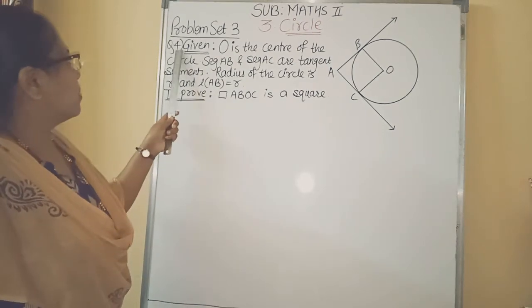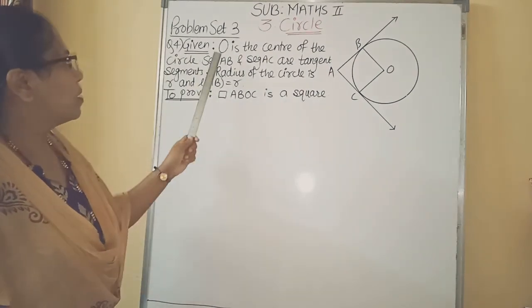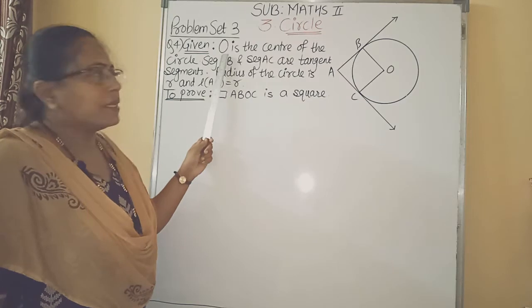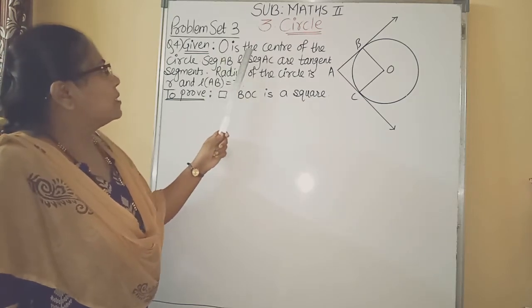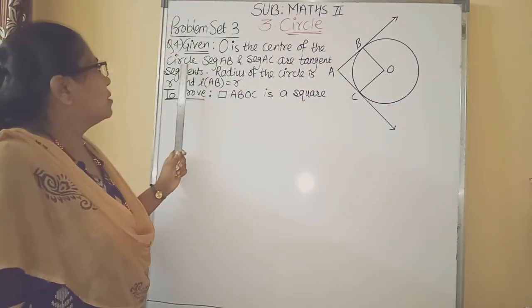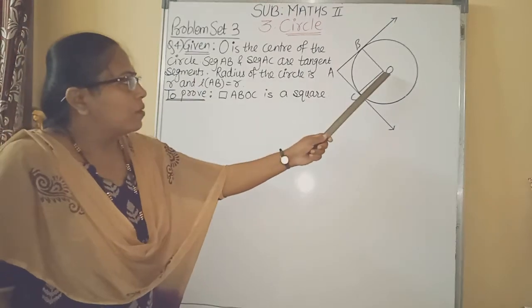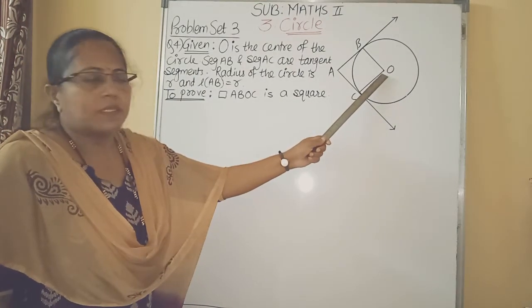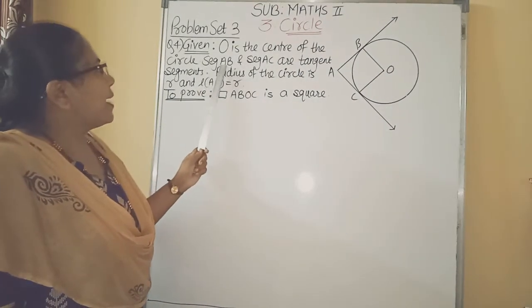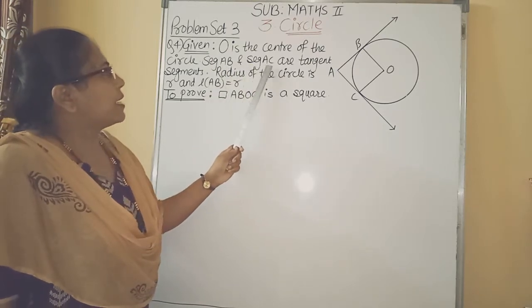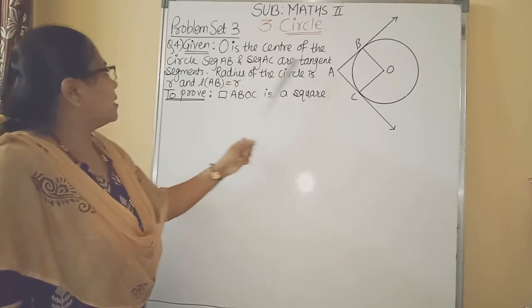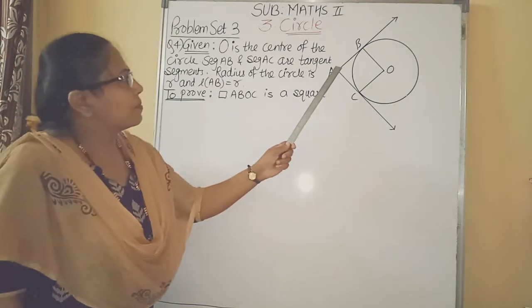Next, question number 4. The given part is O is the center of the circle. Segment AB and segment AC are tangent segments.